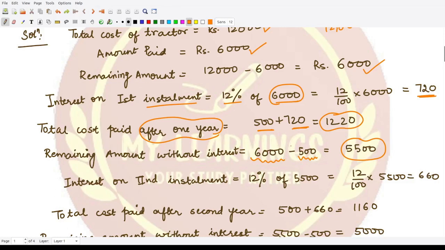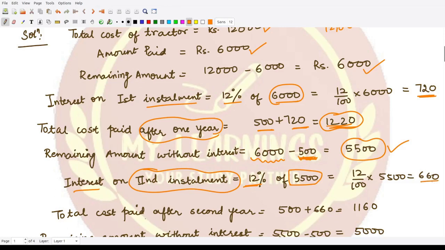It was 6,000 earlier, and now because he has paid 500 in the first installment, he'll be left with 5,500 rupees. So when we calculate the interest on the second installment, we have to take 12% of this 5,500 and not 6,000, correct? When you compute this, it comes out to be 660, correct?